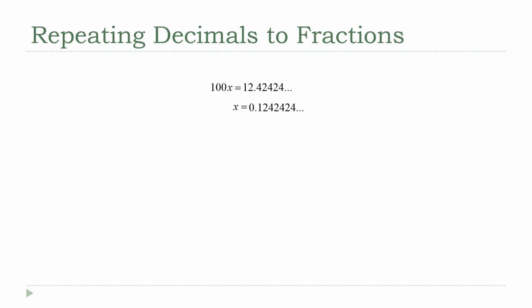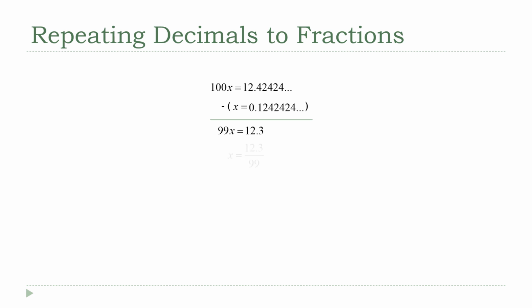The 2s and the 4s all lined up just the way we need them to, so that when we subtract, they're ultimately going to go away. So 100x minus x, that's 99x. 12 minus 0 is 12. 4 minus 1 is 3, so there's still a decimal part here. Then we got the 2s and the 4s. They're all lined up. Everything goes to 0.